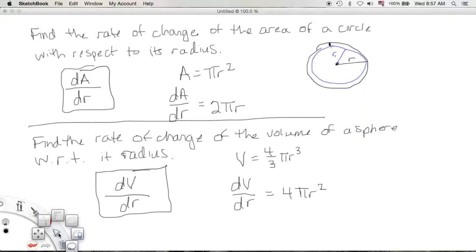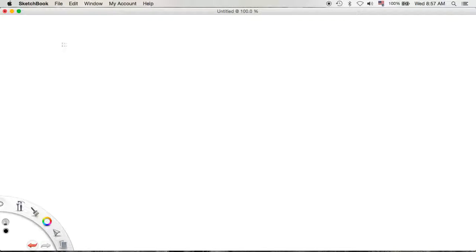Now, what about this motion along a line, or the particle movement? A particle's position is usually given with an s of t. So this is position in terms of time.